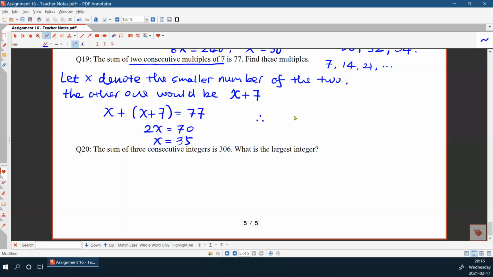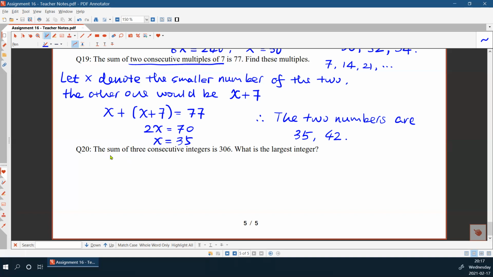And the conclusion here is the two numbers are 35. Okay, 35 is the smaller one, right? Next one is 35 plus 7, which is 42. Okay, any questions? No? Okay.